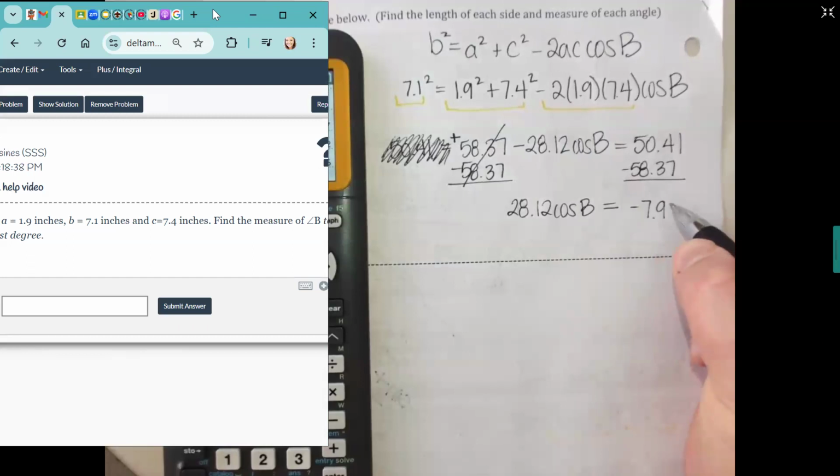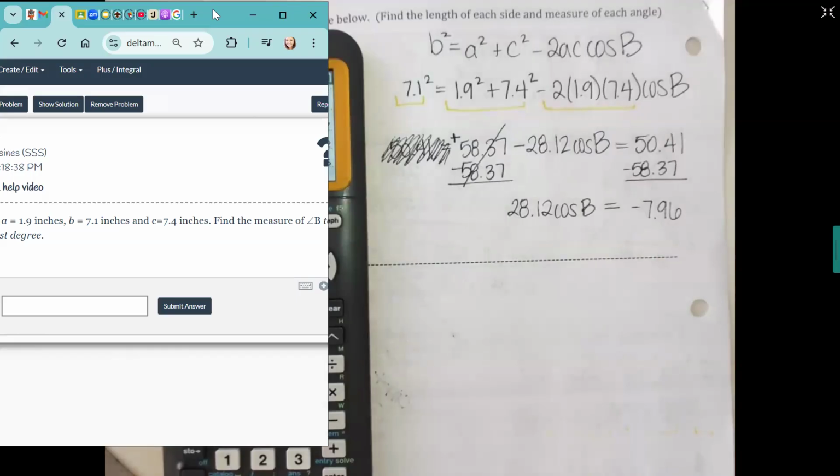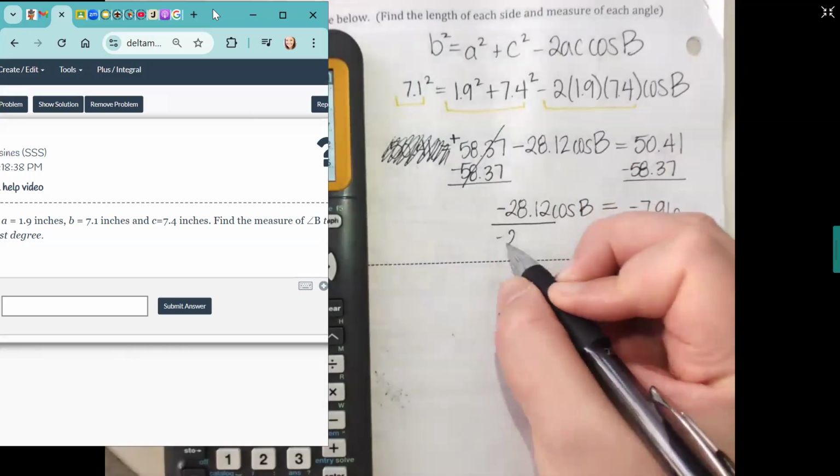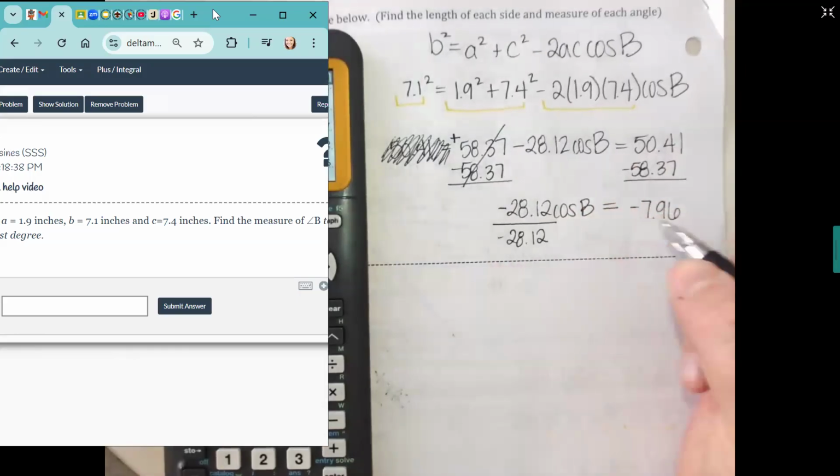negative 7.96. Look at my work carefully. What's my mistake? That 28 was a negative 28. And the reason that matters is if I have a negative 28 in front of my cosine, I'm going to have to divide by it with the negative to cross it out.